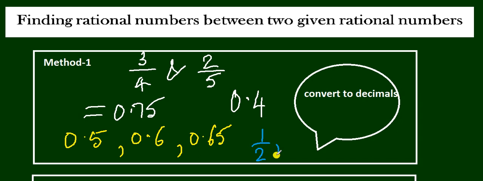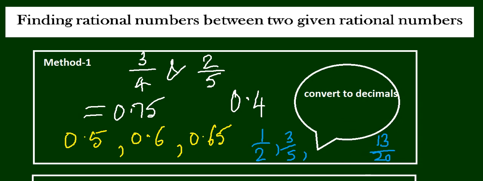My 0.6 gives me 6 over 10, which is 3 over 5, and my 0.65 gives me 65 over 100. If I take 5 as a common factor, I get 13 over 20. So I've got three numbers here, and like this you can have as many numbers as you want. This was my method 1.